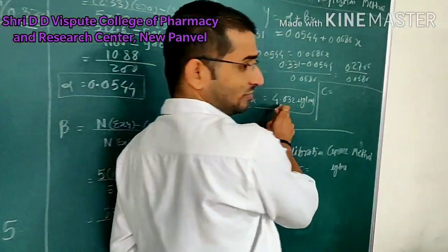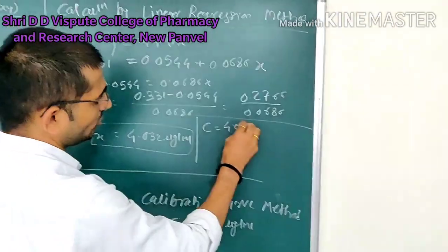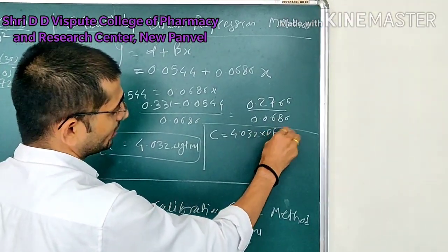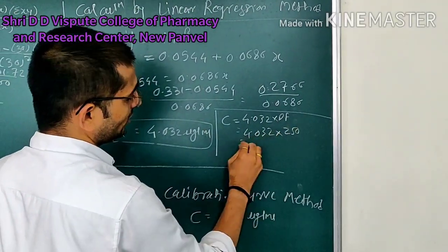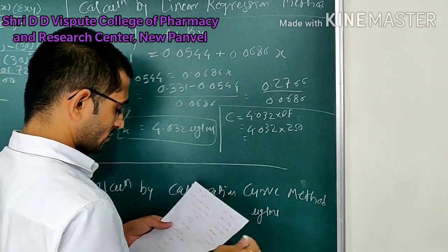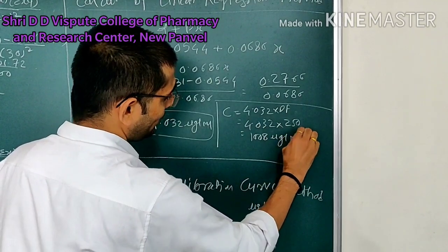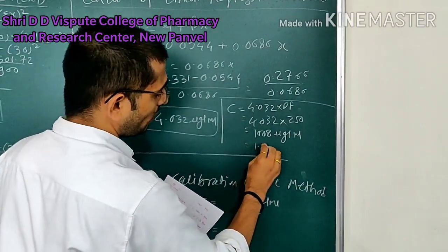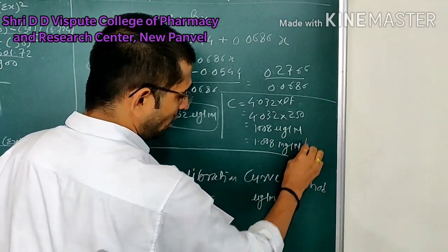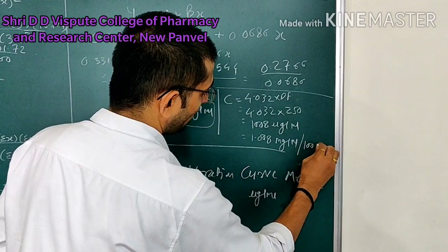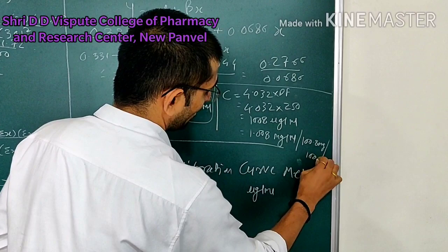So, multiply this value by the dilution factor. So, 4.032 into 250 is equal to 1008 microgram per ml. So, in milligram, 1.008 milligram per ml or 100.8 milligram per 100 ml.